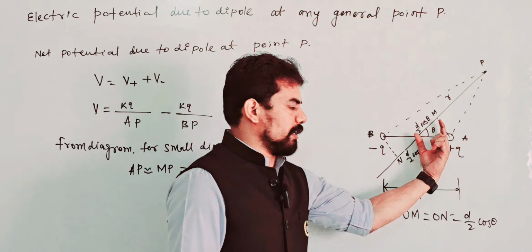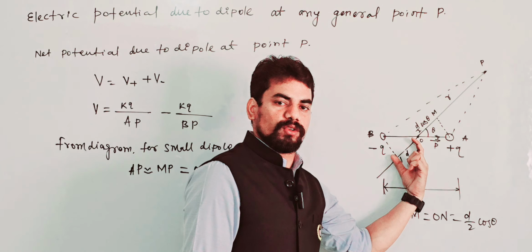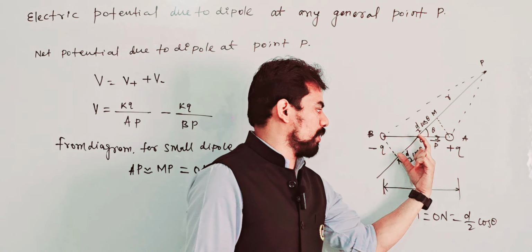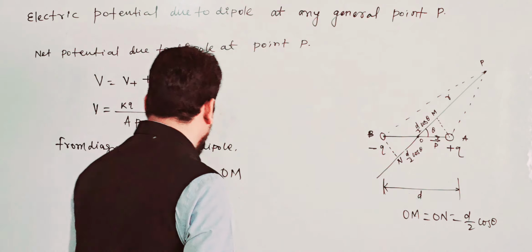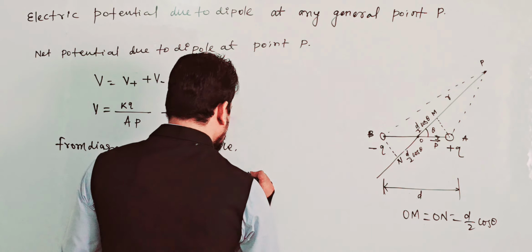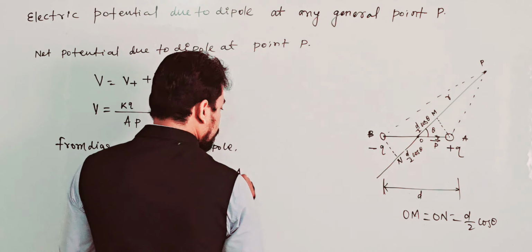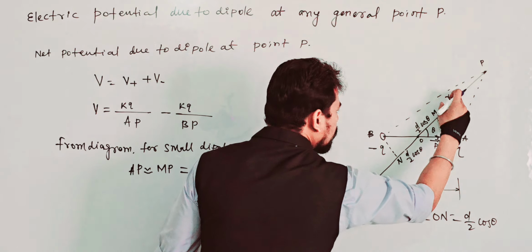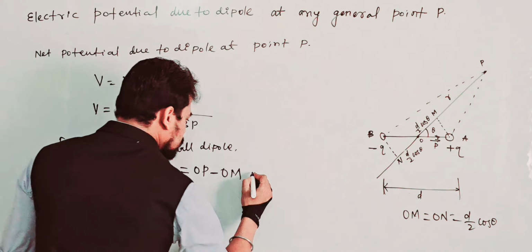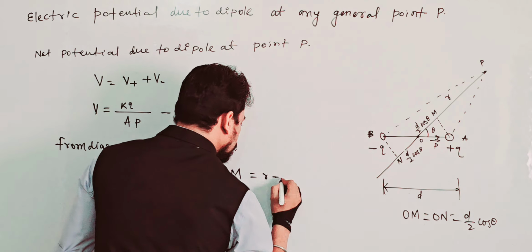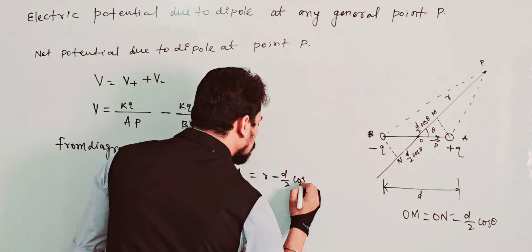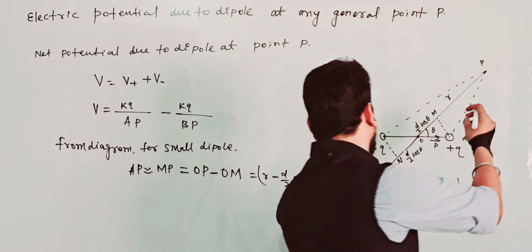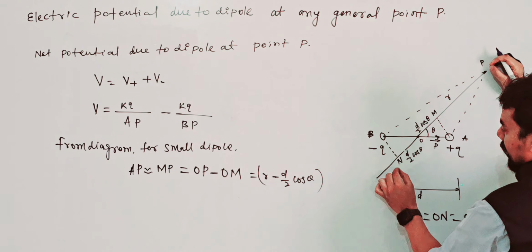Here OP, you can see students, is r, so this is r minus d by 2 cos theta.